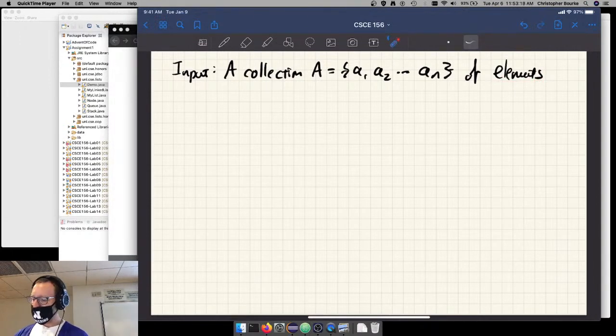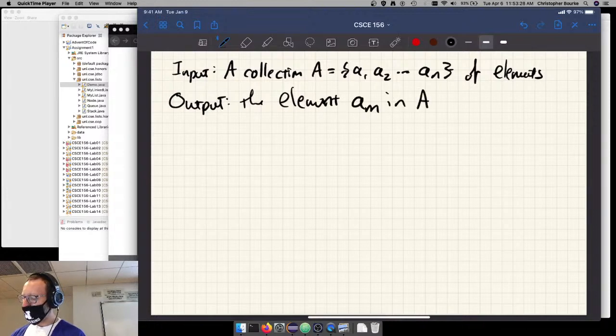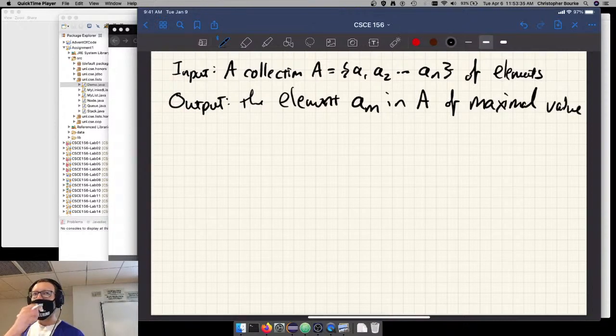My output is going to be the element A sub m in A of maximum value, maximal value. Right? AM, I just gave it a name. So help me out here.